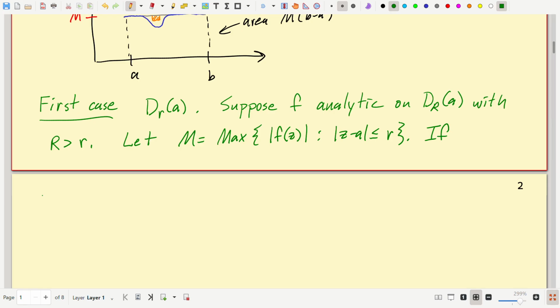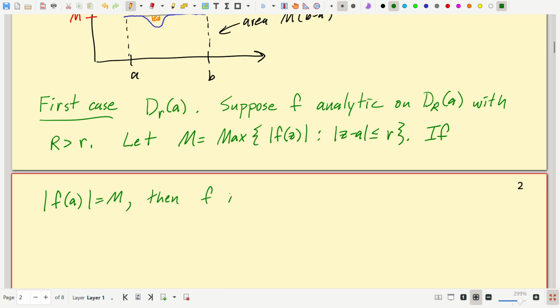And the fact is, if f of a, that's the center, is equal to M, then f is constant on that disk.